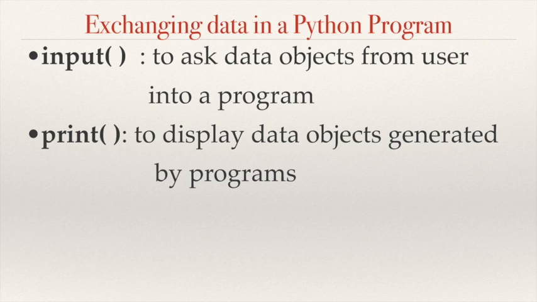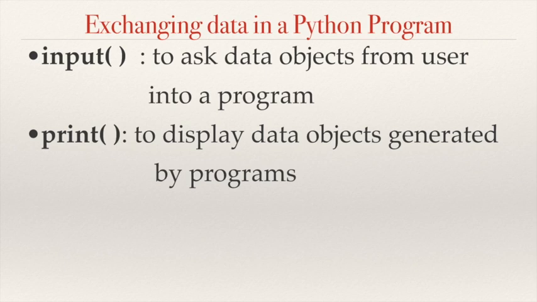Every Python program needs some data to be processed. These data are accepted by the program using the input function. It is worth noting here that the input function always accepts data as a string data object. That is, even if the user enters a number value to the input function prompt, it is accepted only as a string by the function.